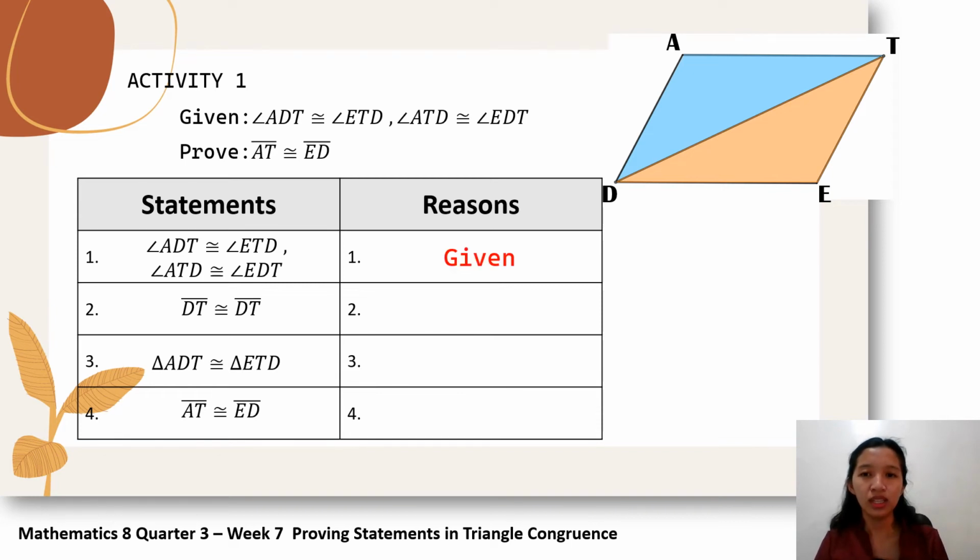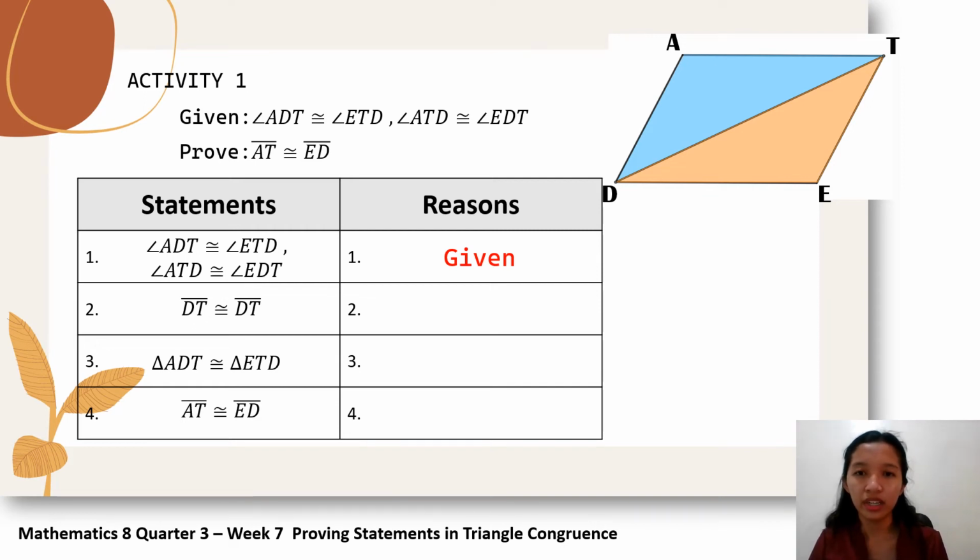And now let's put markings on the figure. Where are they congruent? We have here angle ADT, and let's use another color, yellow. ADT is congruent to angle ETD.